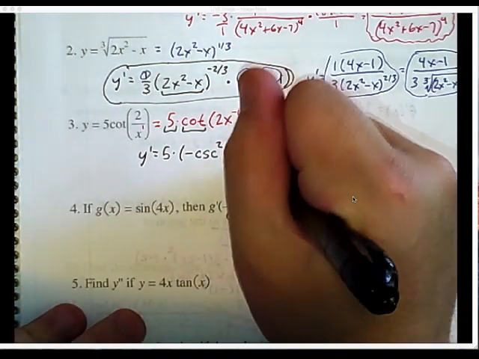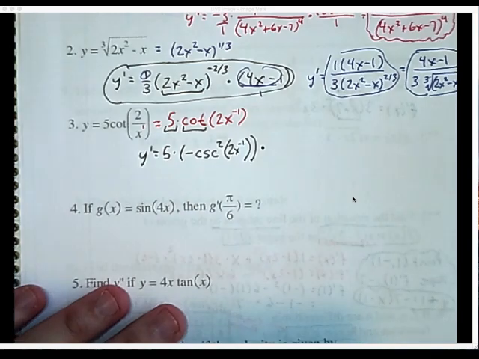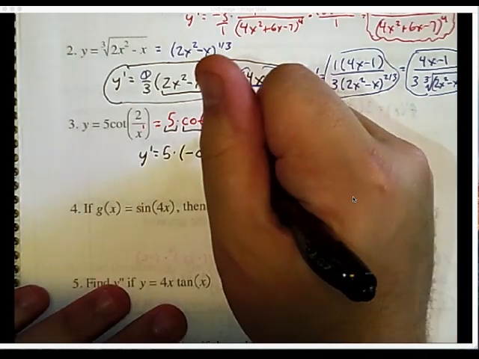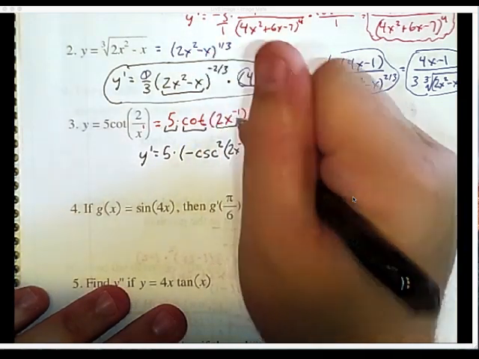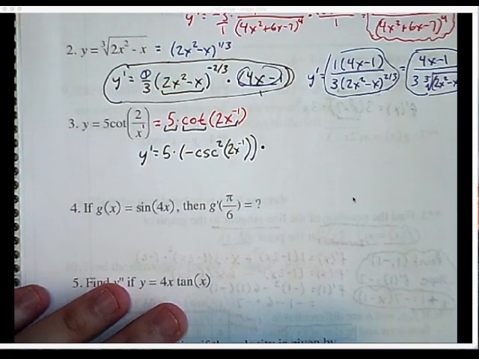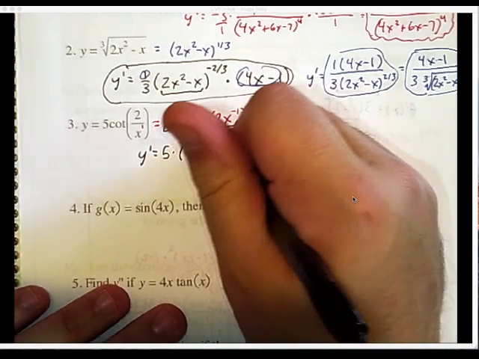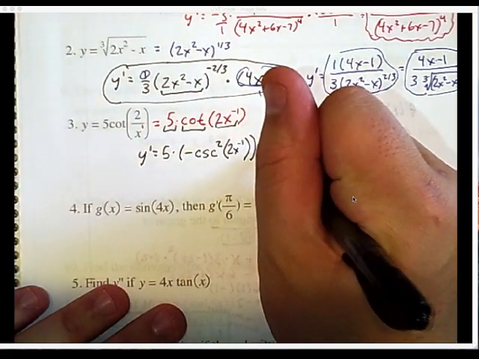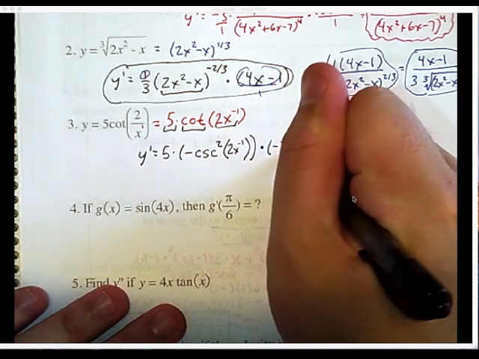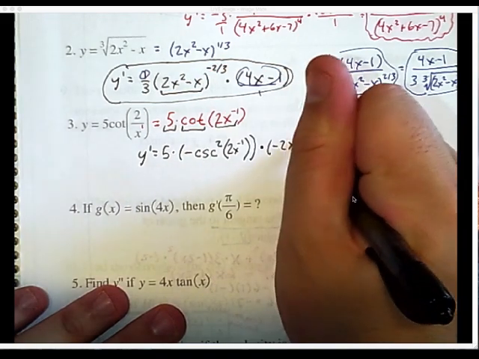But now I have to multiply that times the derivative of the inside. So the derivative of this, 2 times negative 1 is negative 2. I'm going to make that go down by a power.